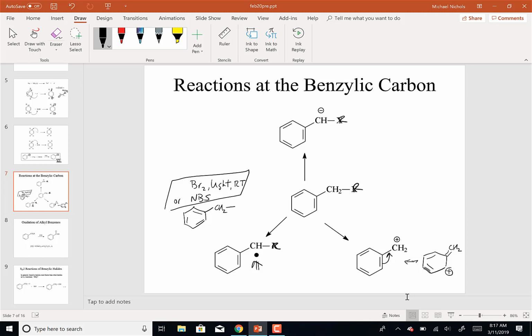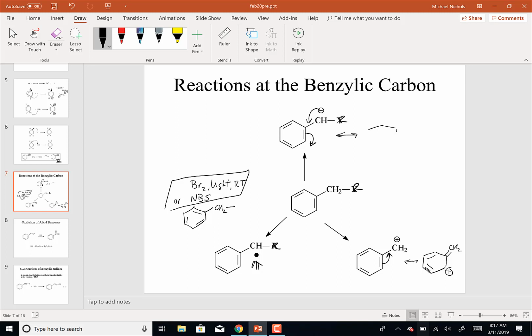The carbanion is also stable at the benzylic position because I can do the opposite. I can take this pair of electrons and move it here, and then have that pair of electrons move out to that carbon.